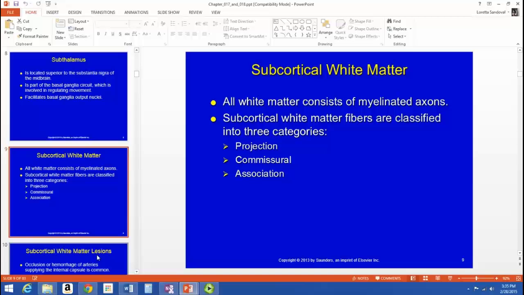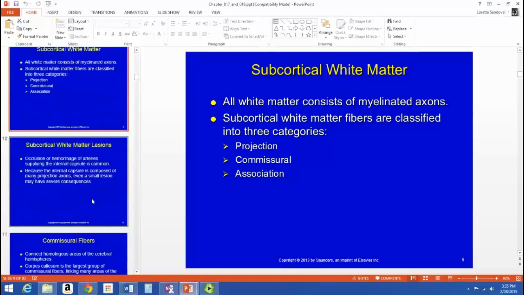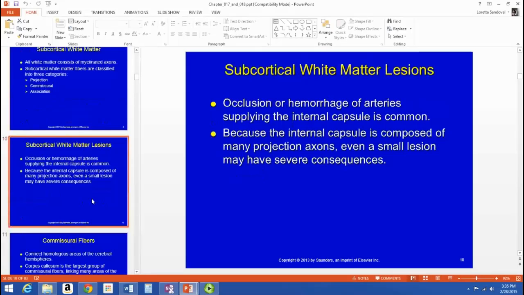And we'll talk a little bit about some disorders associated with those, but that won't be on the test. So the 3 categories of subcortical white matter are projection fibers, commissural fibers, and association fibers. So that's pretty important just in how the information is communicated within the entire cerebrum.